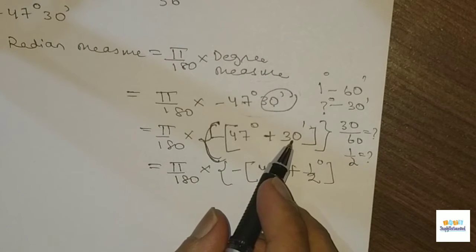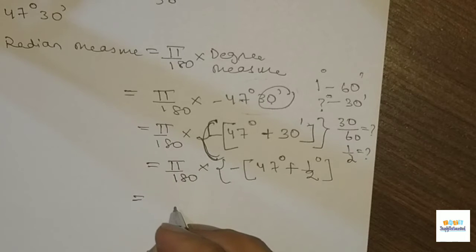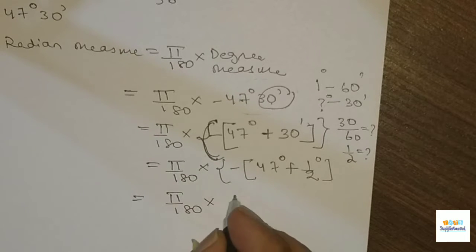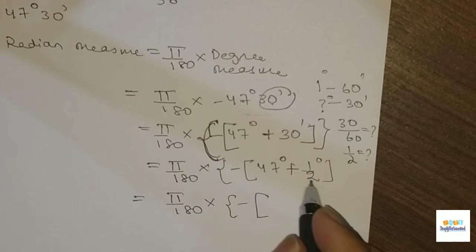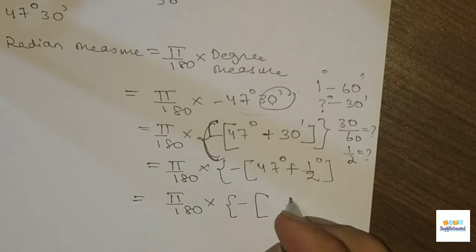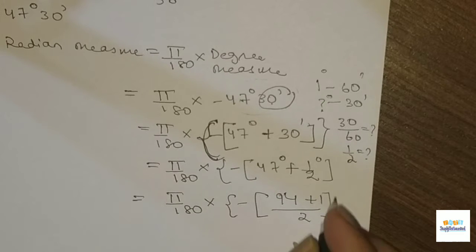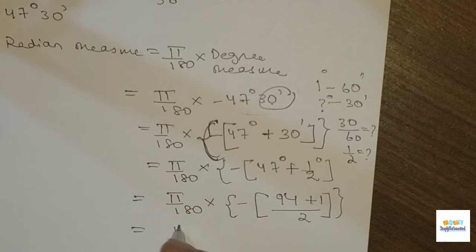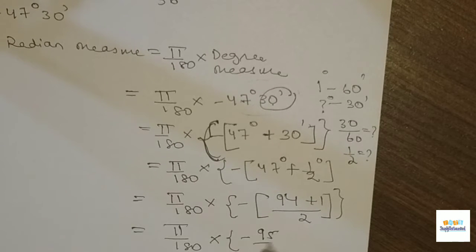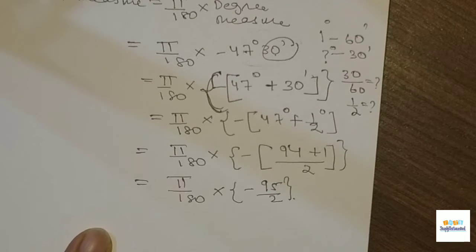So what you will get is pi by 180 multiplied by minus 47 plus half, which is nothing but 94 plus 1 by 2. Okay, so which is pi by 180 into minus 95 by 2.